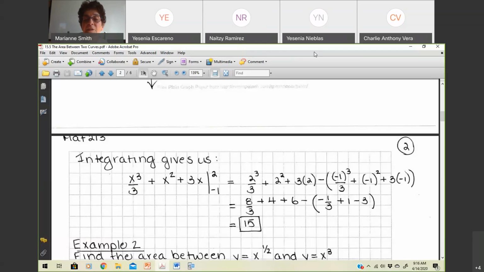It would be great if you have your calculator handy. Try the evaluation yourself. See that you get 15. I want to make sure everybody is comfortable with this, because again, you're going to have to keep doing it over and over again.